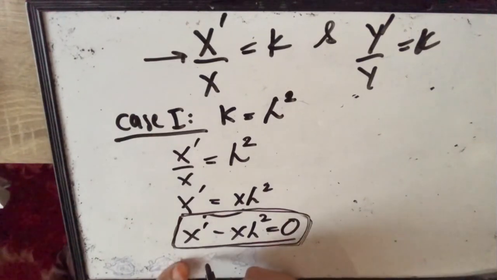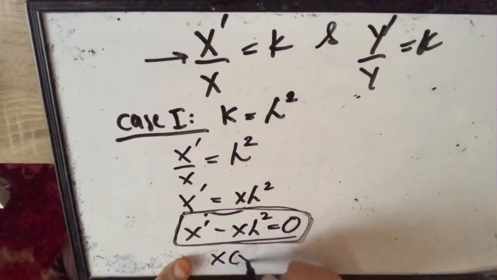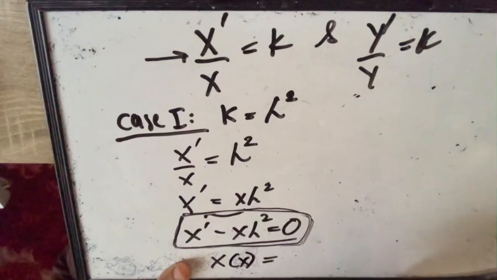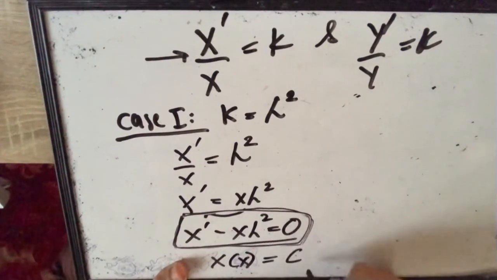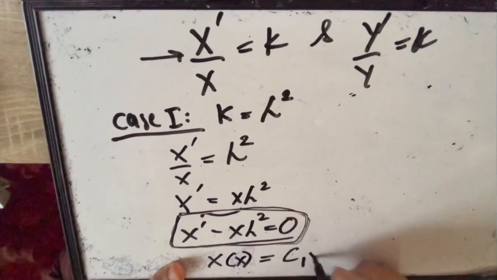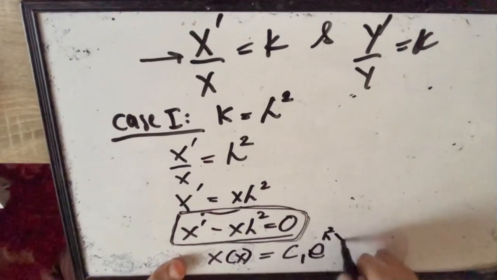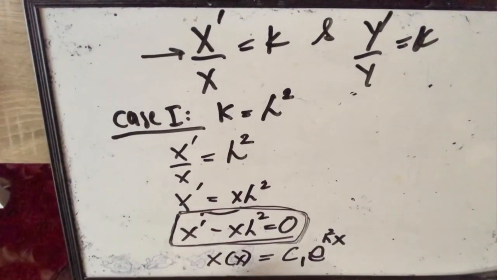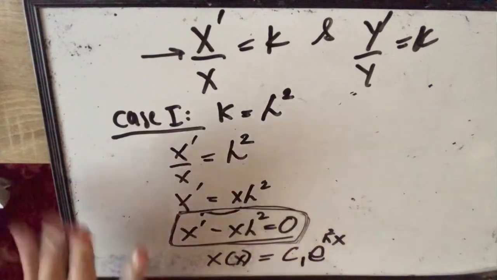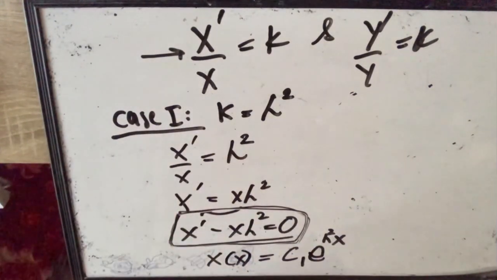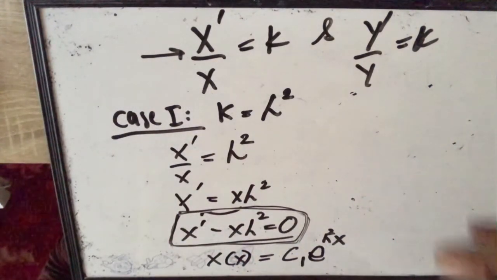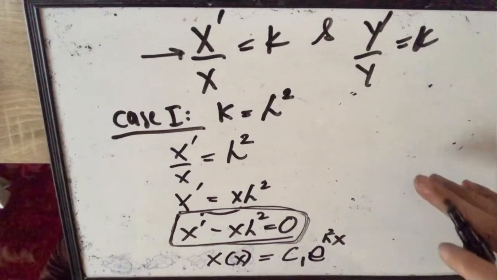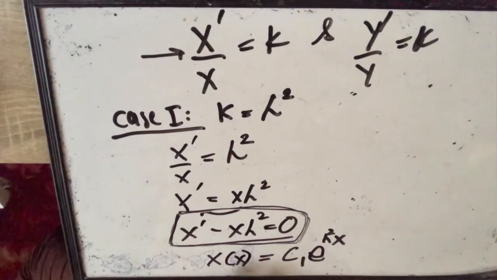So the answer would be X equal to C1 e to the lambda square X. This is the answer for case number 1 for X only. After this we do Y. How I get this, you just refer back to chapter number 2.